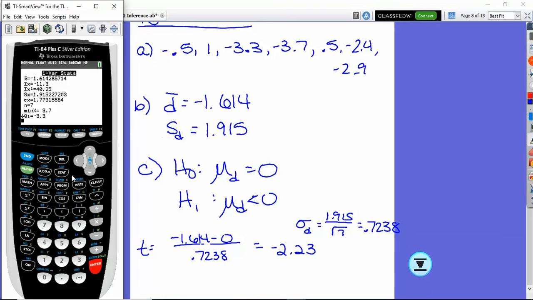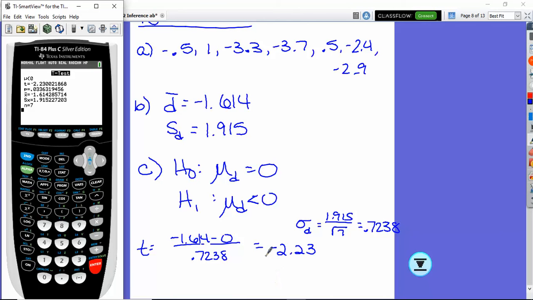Let's check it on our calculator. So we would go to stat, tests, number 2, the t-test. We're basing it off the data. The mean is still 0. My list is still L3. We are testing less than.